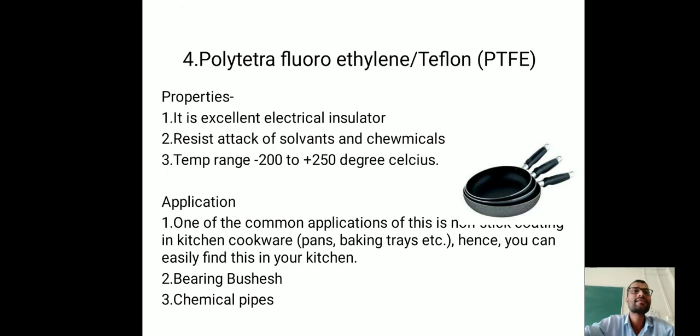So let's see some properties of this PTFE material. It is an excellent electrical insulator, resists attack of solvents and chemicals. There is no effect of solvents and chemicals on this material. A wide temperature range is there, between -200 to +250 degrees Celsius. Clear?